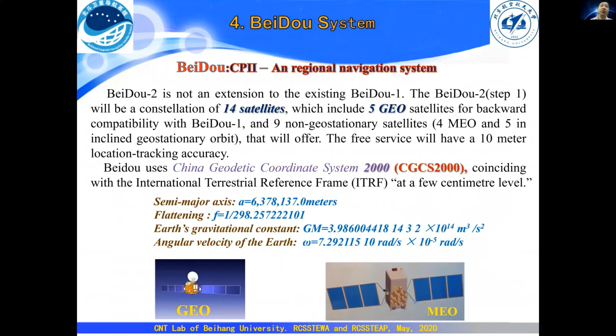And Beidou 2 is an extension of the existing Beidou 1. It has 14 satellites: 5 GEO and 9 non-GEO satellites. Beidou uses the China Geodetic Coordinate System 2000.